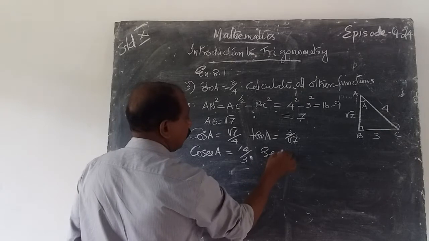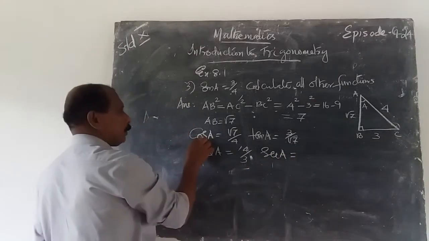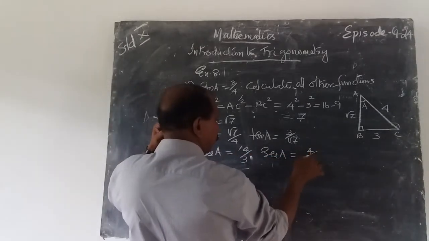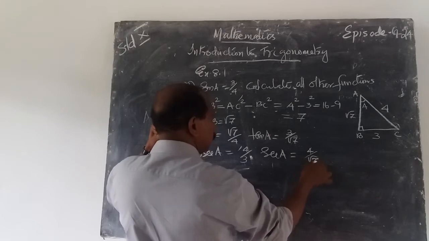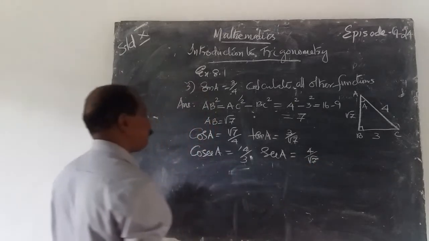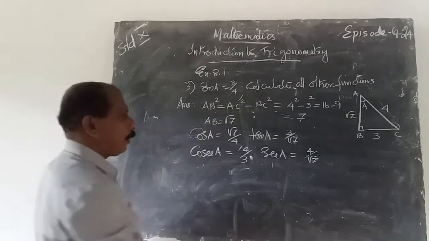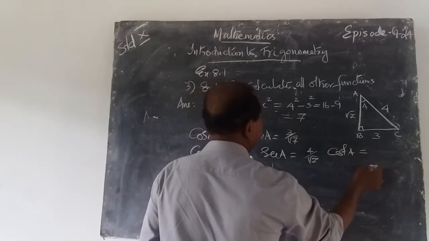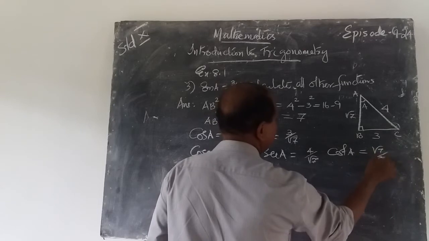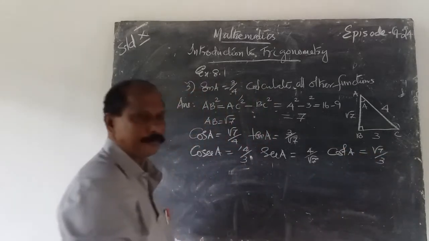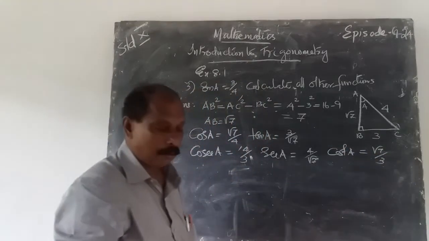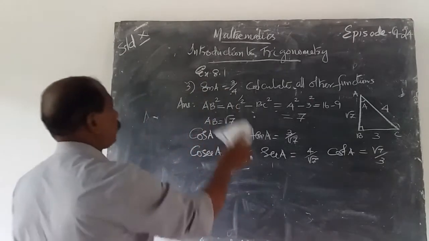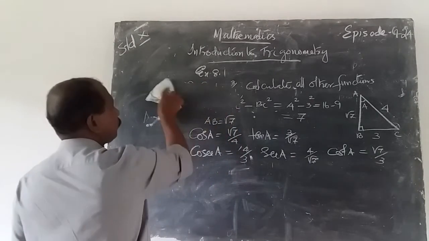Sec A is the reciprocal of cos A, 4 by root 7. And cot A is the reciprocal of tan A, root 7 by 3. These are all the other trigonometric functions. Clear?